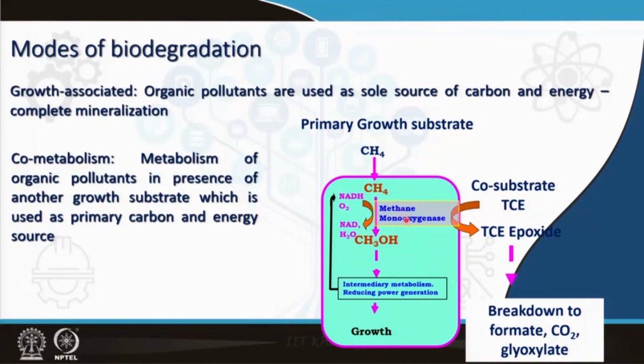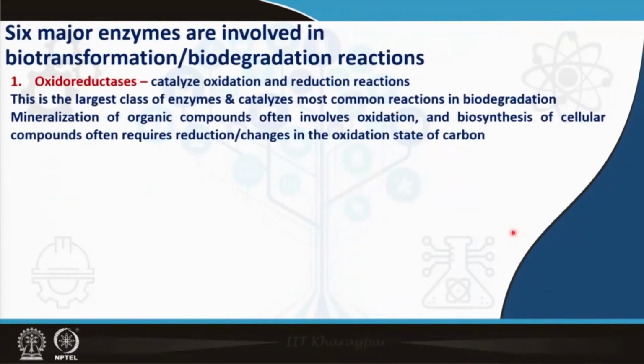Now, methane monooxygenase can also transform TCE to TCE epoxide, and then subsequently TCE epoxide can be broken down to formate, carbon dioxide and glyoxylate. TCE is not actually the growth substrate, but because of the lack of specificity of this methane monooxygenase, along with methane, this enzyme can also recognize TCE as its substrate and convert it to TCE epoxide, thereby facilitating the degradation of TCE.